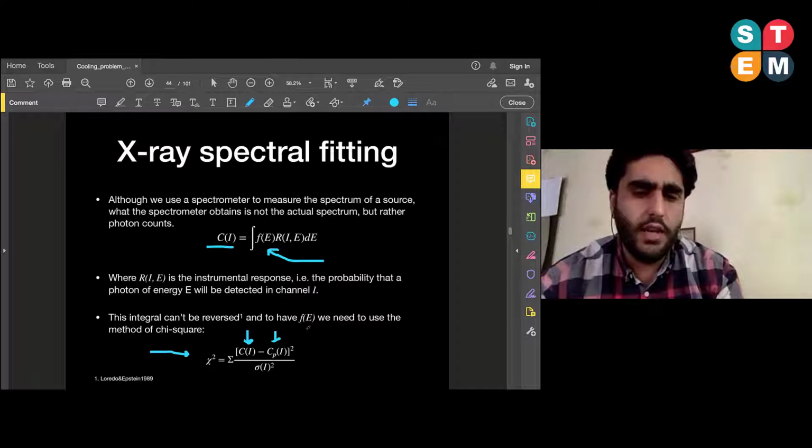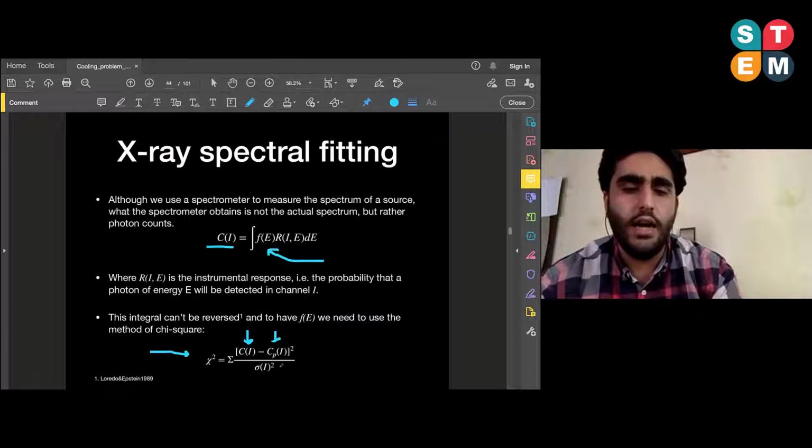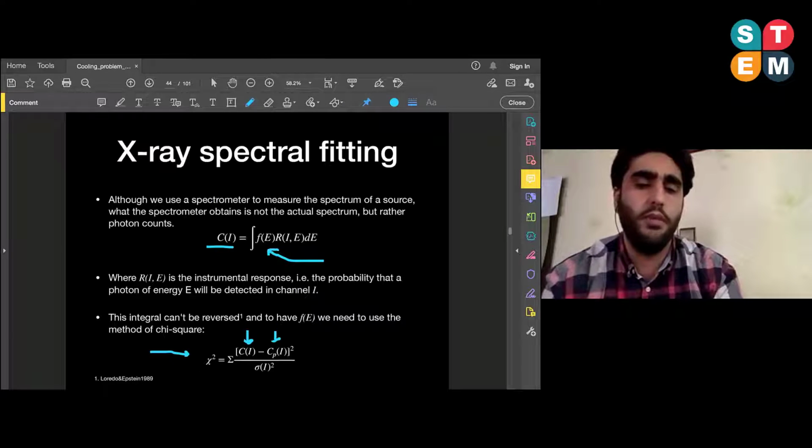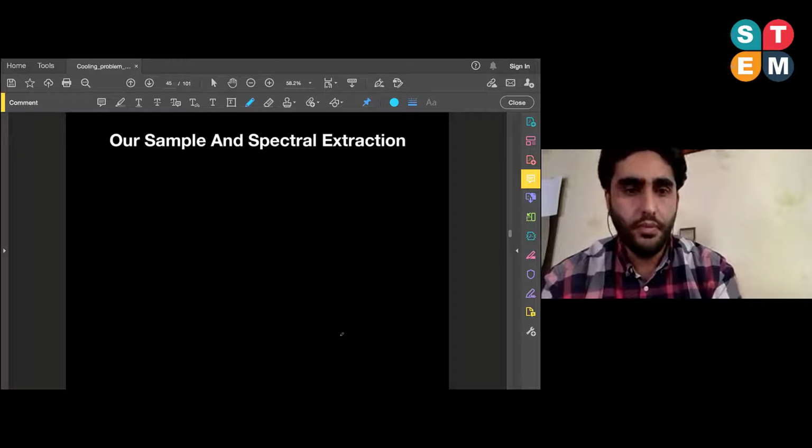Our model will have some free parameters, and by changing those parameters, we can calculate chi-squared, and by doing it over and over again, we can find the free parameters of our model.